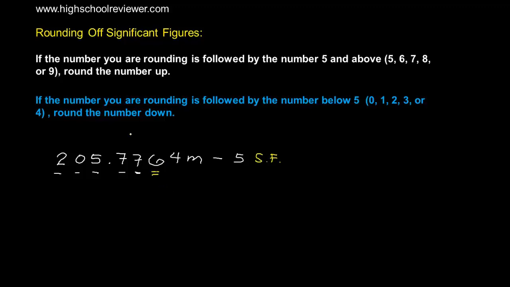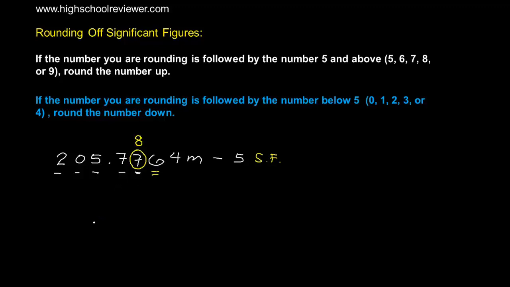Basing from rule number 1, if the number you are rounding is followed by the number 5 and above, 6 is 5 and above, so we are going to round the number up. We are going to round number 7 up. To round this up, we will just increase this by 1.